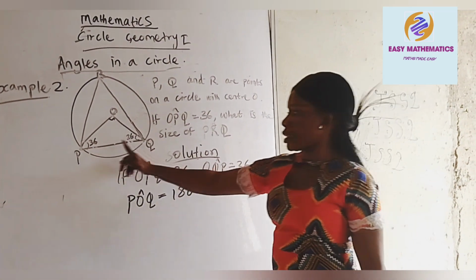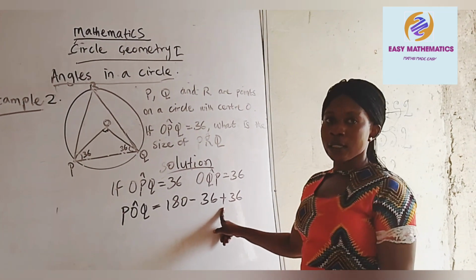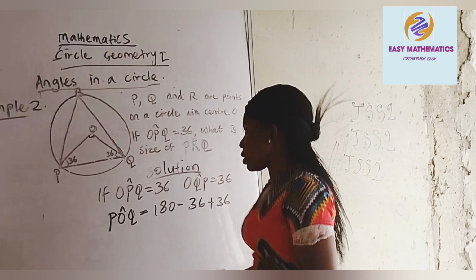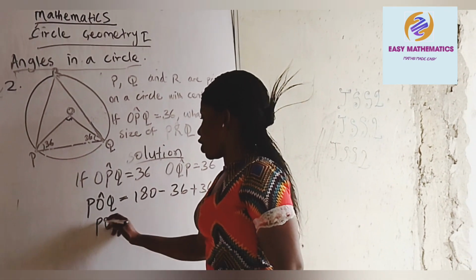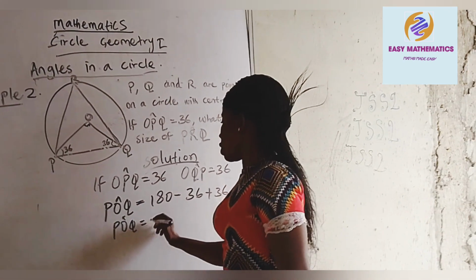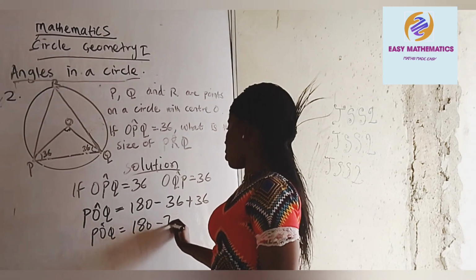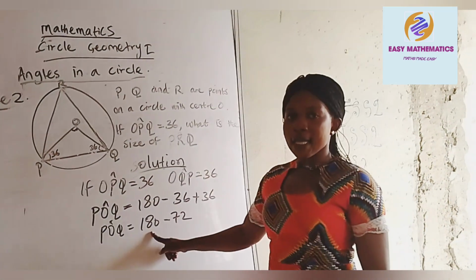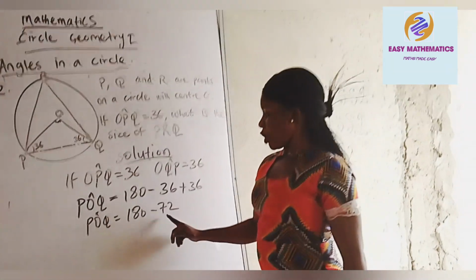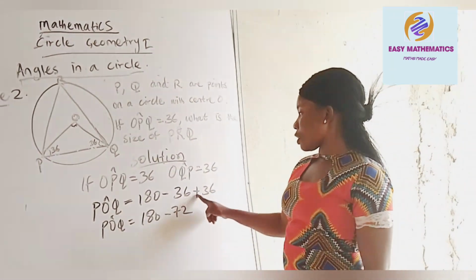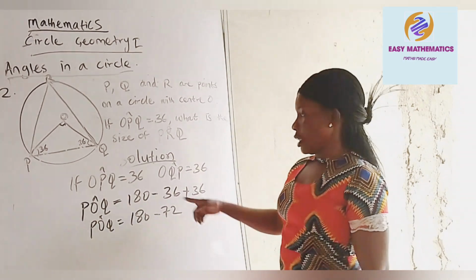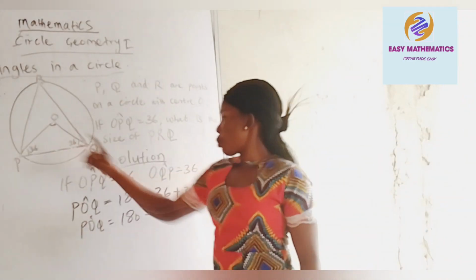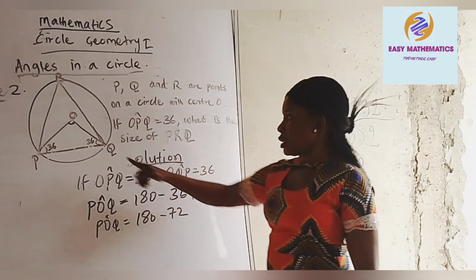We are subtracting from 180 because the sum of angles in a triangle is 180. So our POQ is equal to 180 minus 72. How do we get this 72? 36 plus 36. The 36 here is OPQ plus OQP, this angle here.